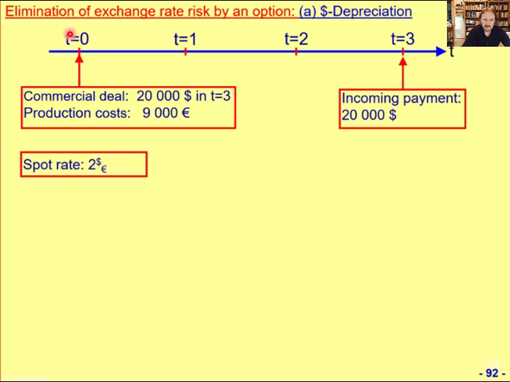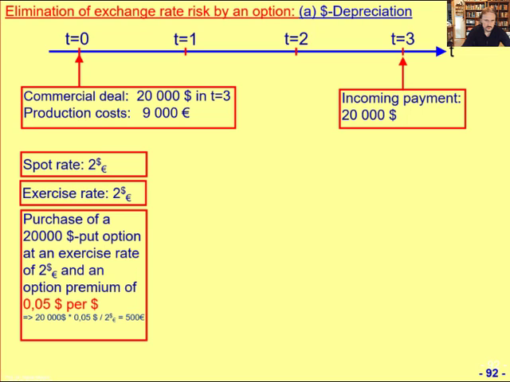Let's assume that it is possible to buy an option to exchange $20,000 3 months in the future at an exchange rate of $2 per euro for an option premium of, let's say, $500, which corresponds to an option premium of $5 per dollar.